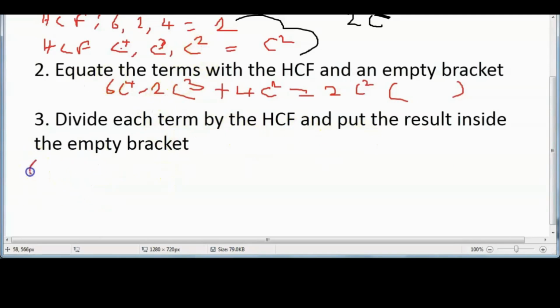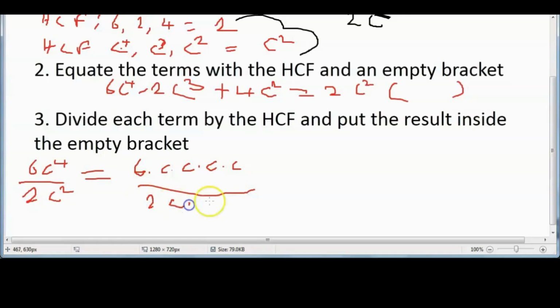So 6c⁴ divided by 2c² can be rewritten as 6 times c four times, all over 2 times c two times. 2 into 6 is 3, c cancels c, c cancels c. So we are left with 3c² as the result.